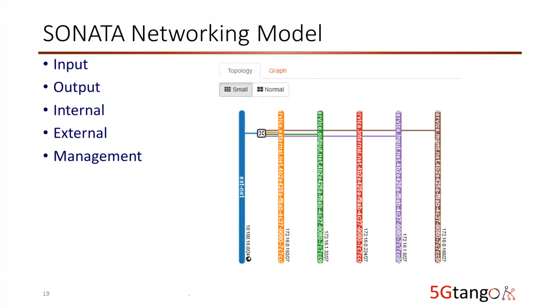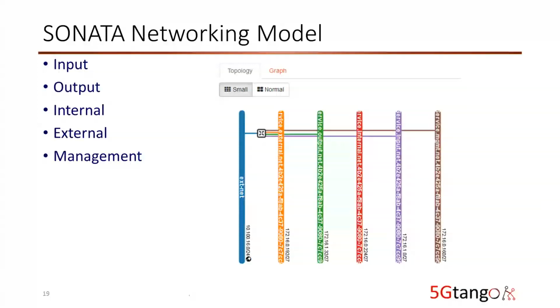The Sonata networking model basically allows you five kinds of interface. One interface is the input, another is the output, another is internal, another external, and the management interface.